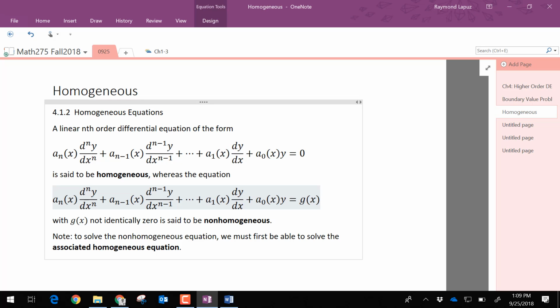I said system. Let me say that again. In order for you to solve for the non-homogeneous differential equation, you need information about the homogeneous differential equation first.